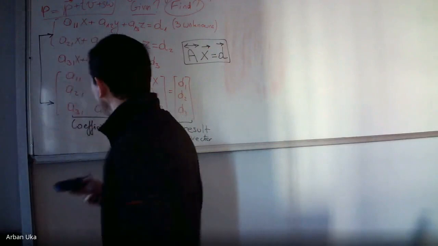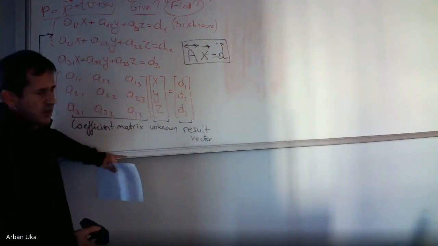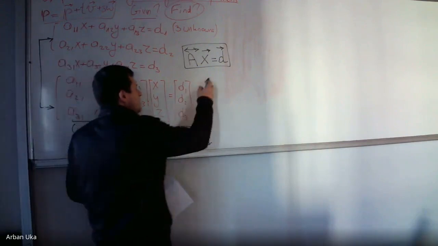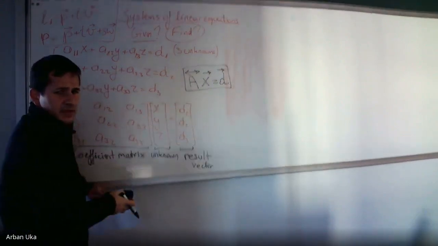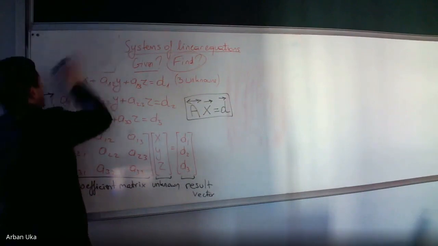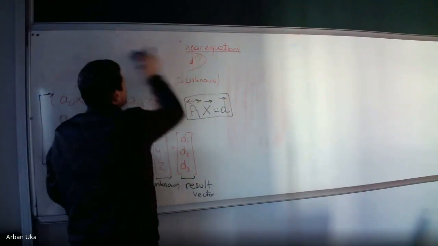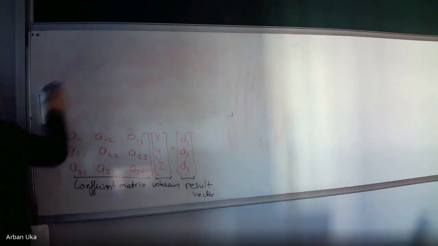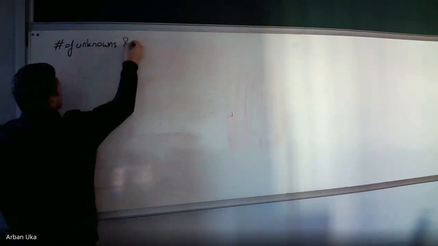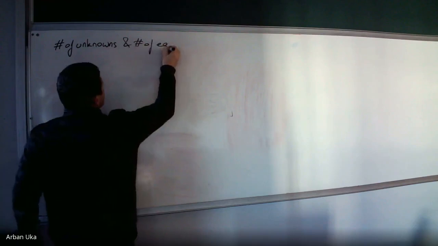Now, one thing that is very essential for us is the relationship between the number of unknowns and the number of equations.